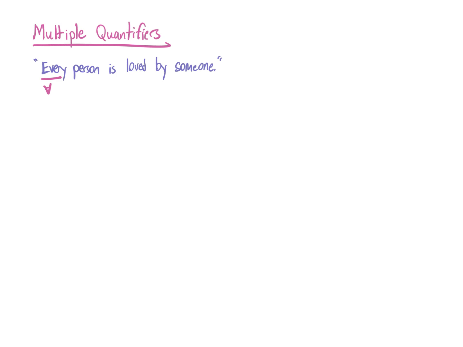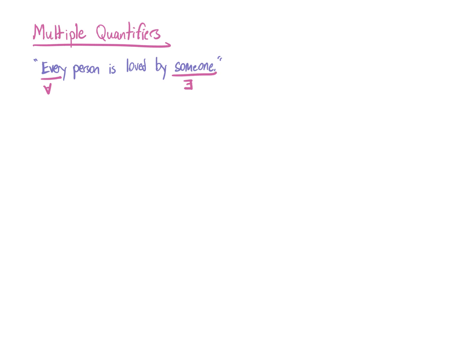But then someone, not any specific person, and not necessarily every person, someone, not sure who, that sounds more like a there exists kind of statement. So in order to translate this sentence into logical symbols, we're going to need both for all and there exists.